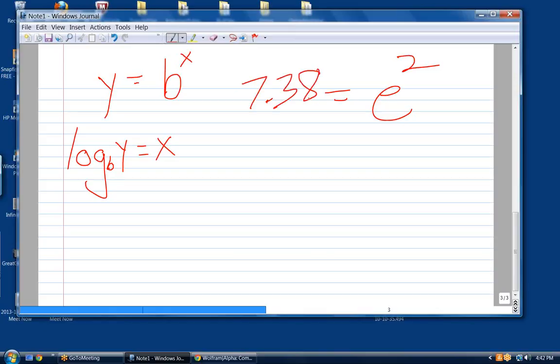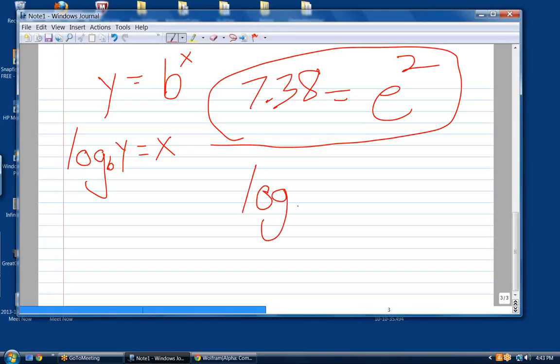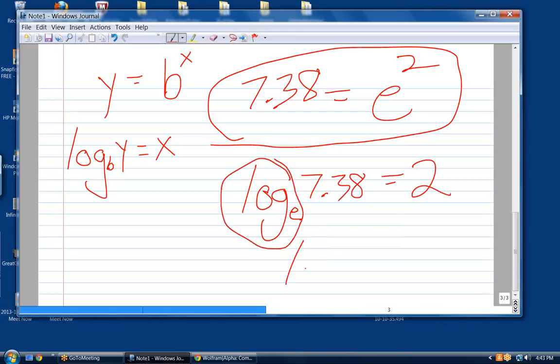Okay. So I can write that equation, right? If I wanted to write this logarithmically, I would say log base e of 7.38 equals 2. Well, log base e is the same as natural log.